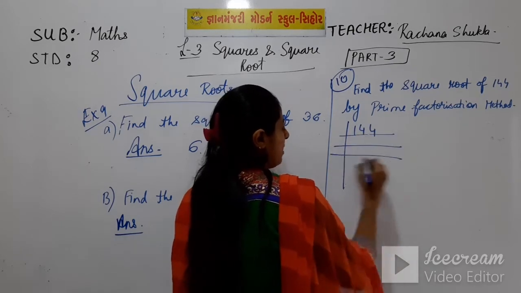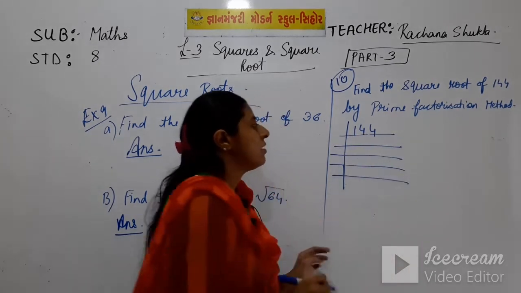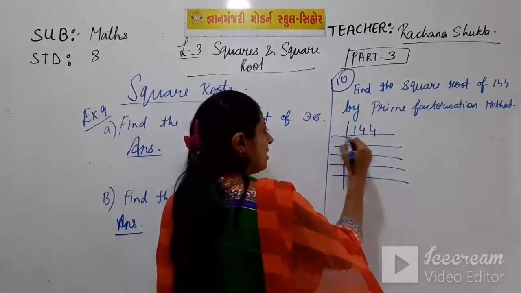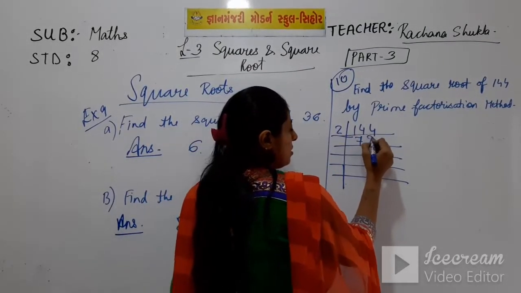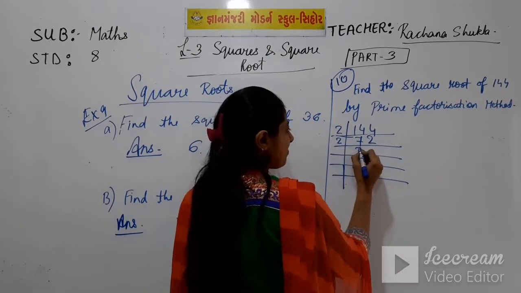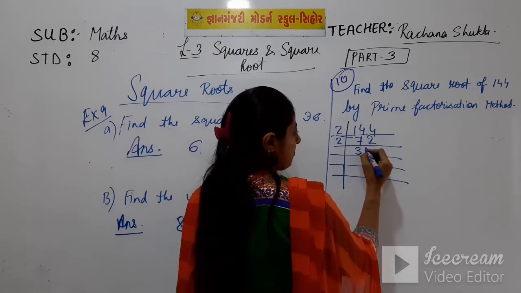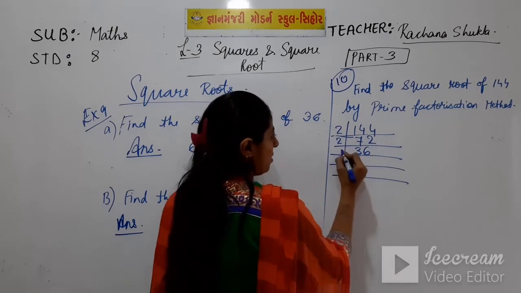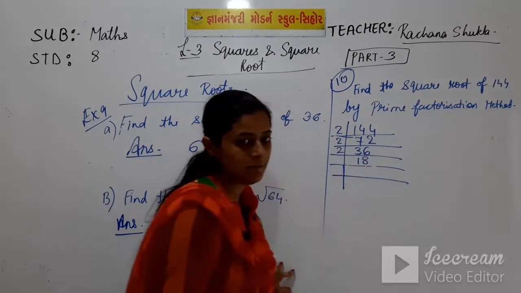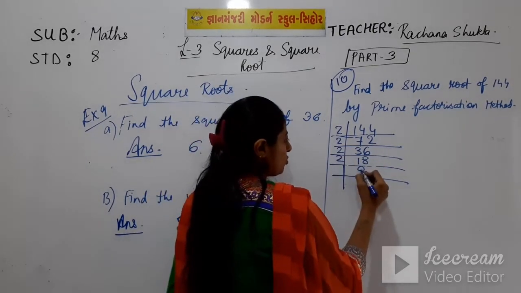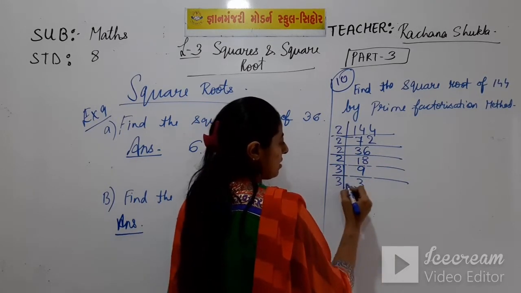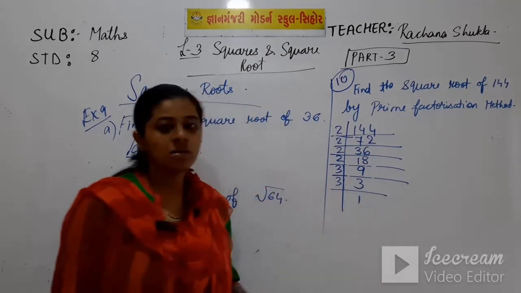Start with the factors method: 144 divided by 2. 2 7s are 14, 2 2s are 4, again by 2. 2 3s are 6 and 2 6s are 12, again by 2. 2 1s are 2 and 2 8s are 16. Then by 2, 2 9s are 18, and 3 3s are 9, 3 1s are 3.